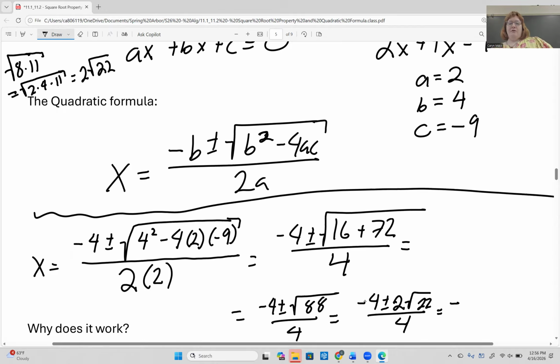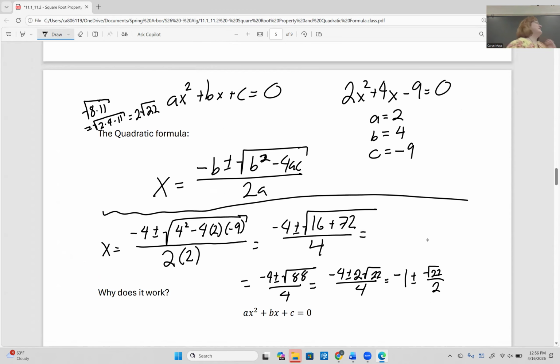So I'd have -4 divided by 4 is -1, plus or minus, what is 2 divided by 4? 2 over 4, or 1/2. So we'd have root 22 over 2. And ultimately, this would be as simplified as I'd really expect. If you got down to this, I'd call it good.